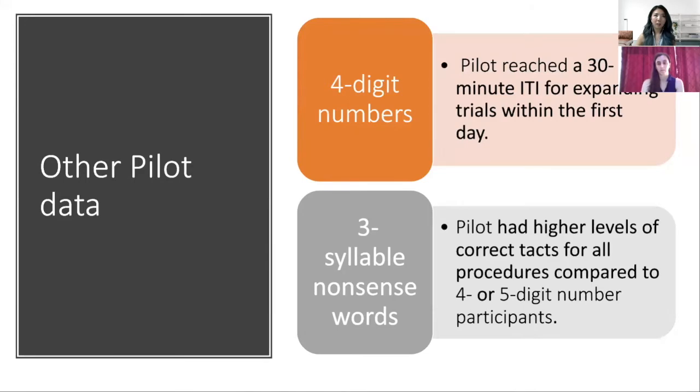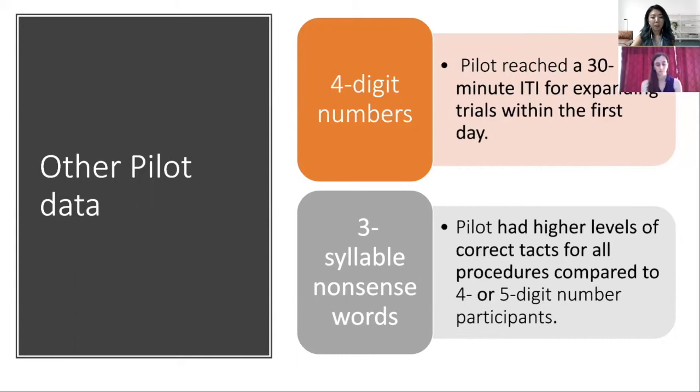So looking at our pilot data, we decided that 4-digit numbers and 3-syllable nonsense words were not challenging enough for our participants. So we decided that we would go with 5-digit numbers. We also found that when we were testing with numbers, we were able to track additional data that we wouldn't have been able to if we did nonsense words.